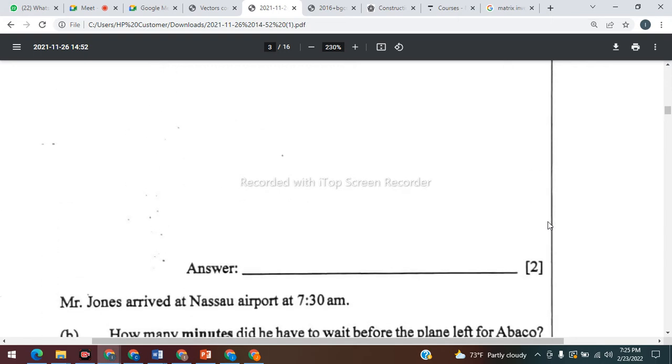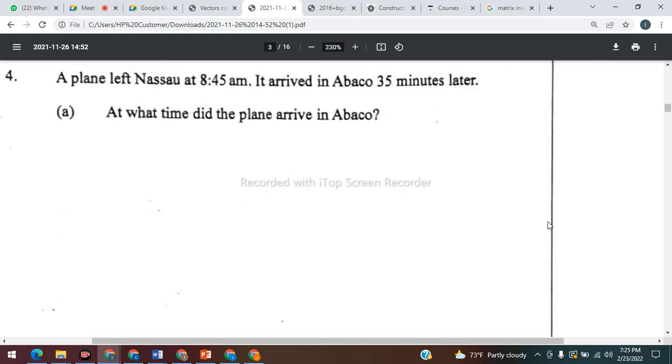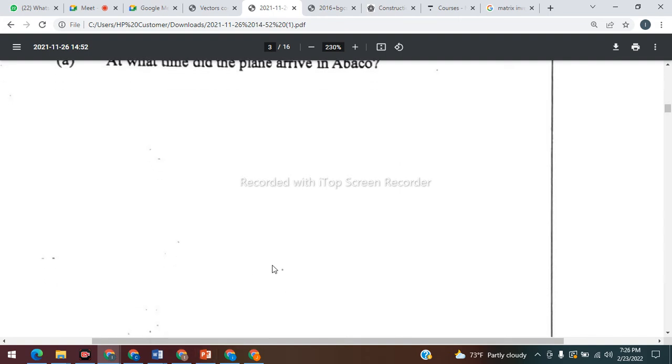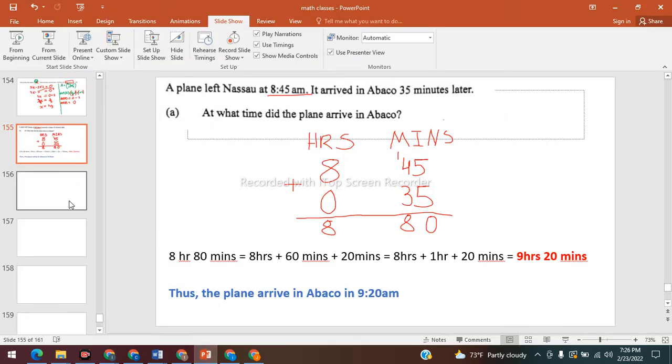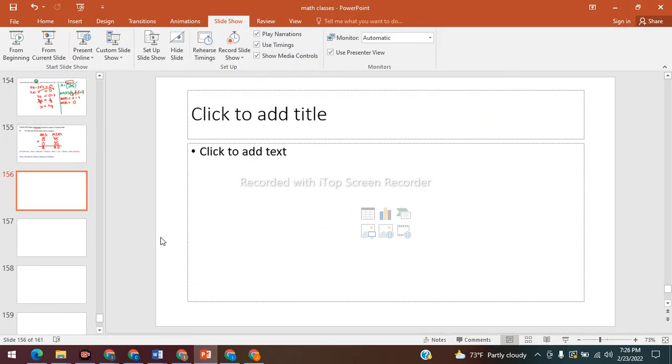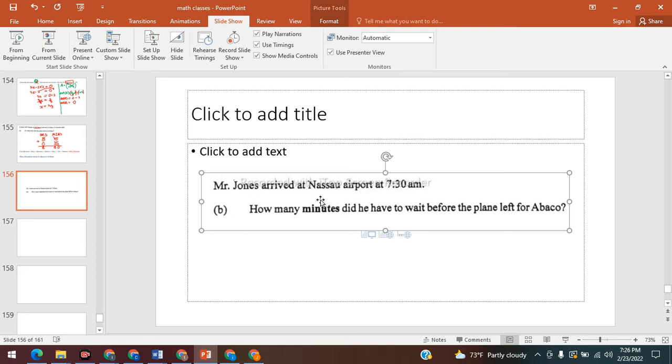Now we said that the plane left at 8:45. You have to subtract, right? That's when the plane left, and he was there from 7:30. So how long did he have to wait? How many minutes did he have to wait?